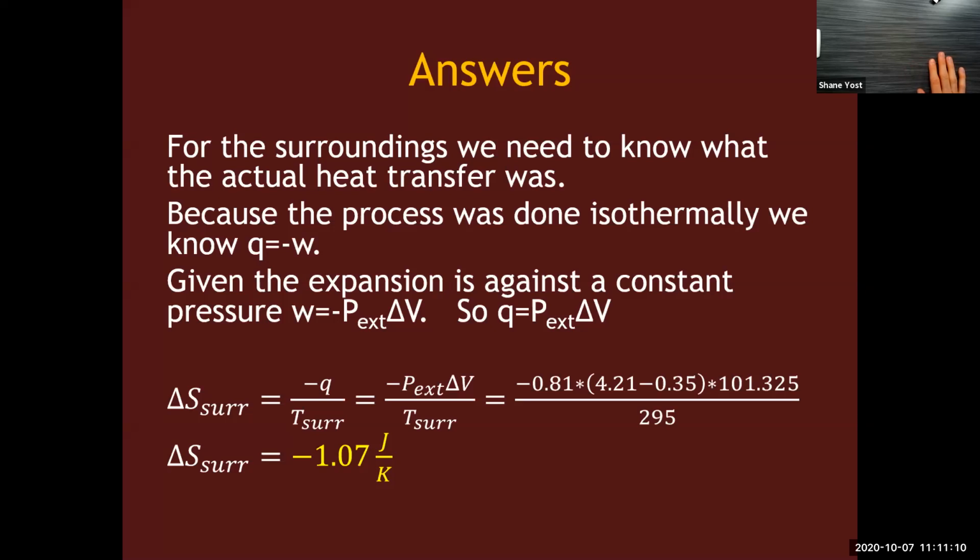Because the surroundings is a constant temperature, pressure, volume system, the heat transfer in the surroundings is equal to the internal energy change or the entropy change of the surroundings, which is independent of how it was done. And so the reversible and irreversible heat transfer in the surroundings is the same.